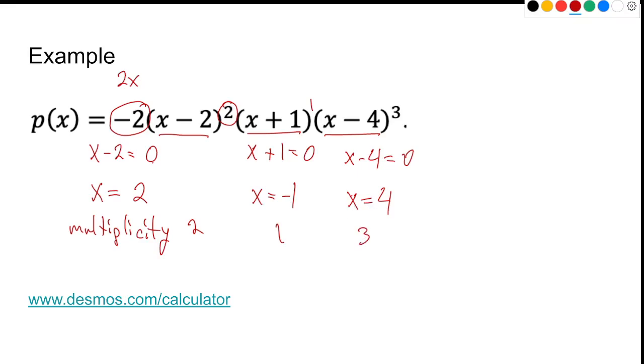So that's part of what we're going to be identifying using this. Now, if we wanted to look at end behavior as well, what we'd have to do is say, okay, what's the degree of this polynomial? We actually are going to add all 3 of these degrees together. So we'd add 2 plus 1 plus 3. So that's going to be 4, 6. It's got a degree of 6.